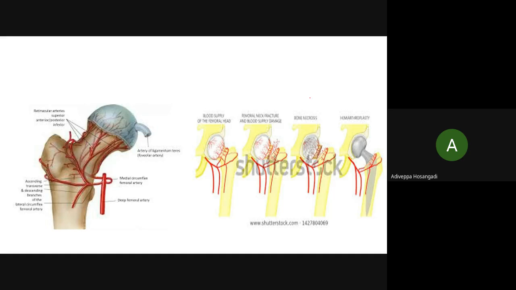understand the very intricate and very typical blood supply of the femoral head. Please remember, it is very simple. Don't go by the diagram. Okay, this is the head. See, what is important is, it is like mountaineering.